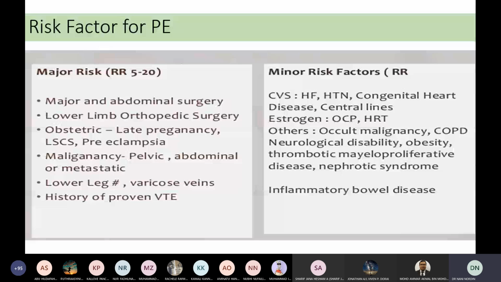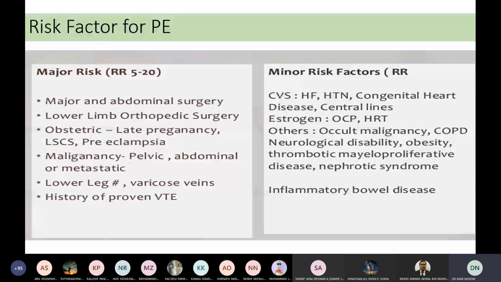Not only is the formation of clots increased because of endothelial manipulation and damage, increasing thrombus formation, but at the same time they are immobile compared to a normal person.